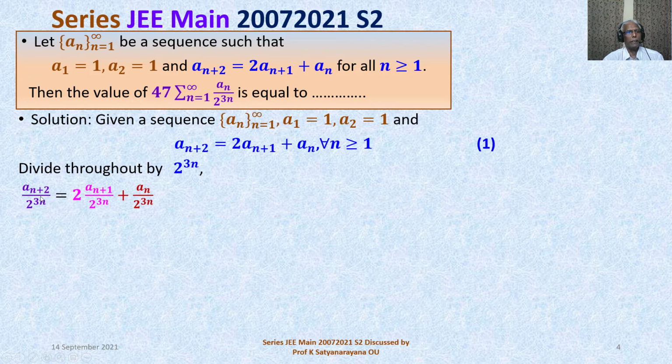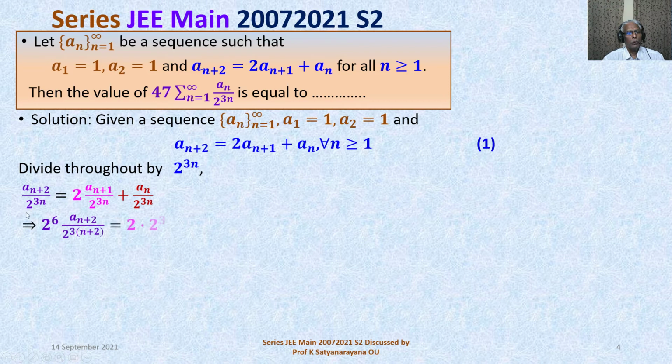If I write 3 bracket n plus 2, what am I doing? 2 power 3 into 2, that is, I am dividing by 2 power 6. Therefore, I will multiply that. And again here also, a_(n+1), 3 bracket n plus 1. So that means I have divided by 2 cube, so I multiply by 2 cube.